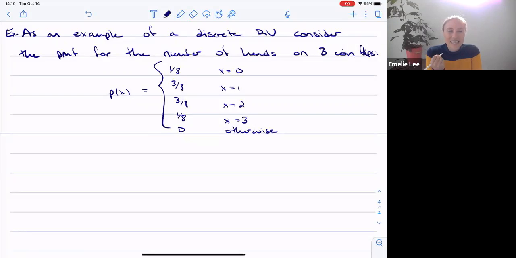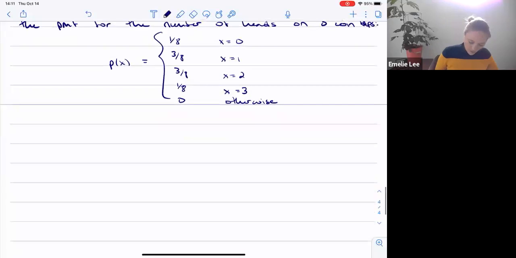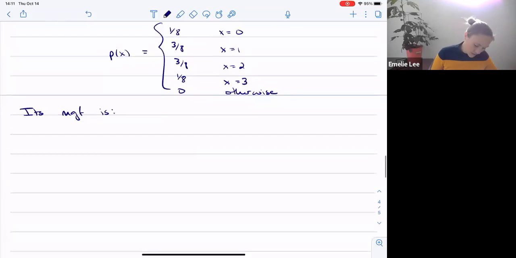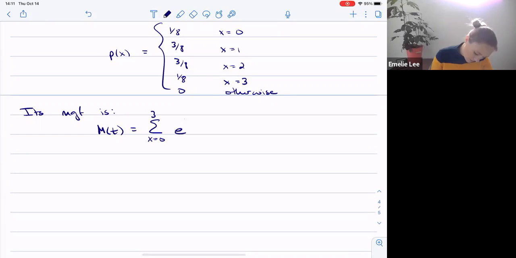Really, what we're finding is the expected value of e to the tX, which means we take the sum in this case, because it's a discrete random variable, of e to the tX times P of X over all the possible values of X. So M of t is the sum from X equals 0 to X equals 3 of e to the tX times P of X.